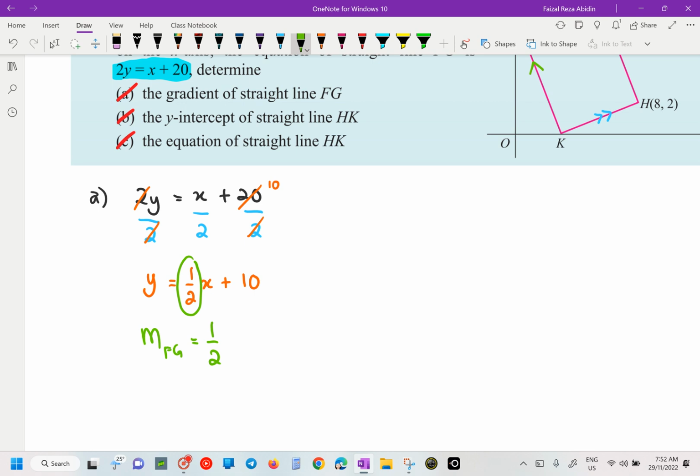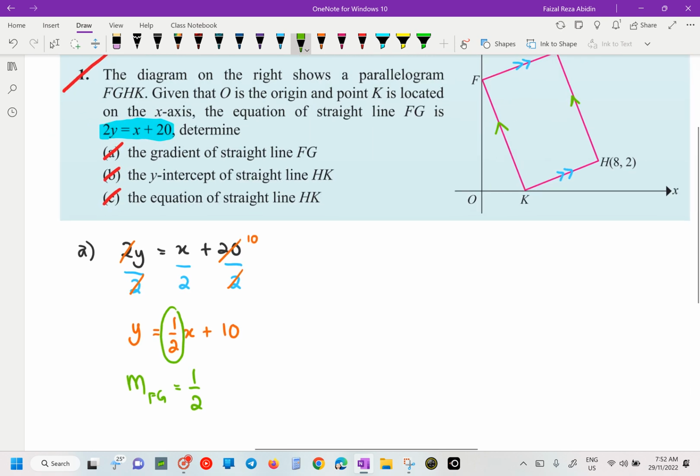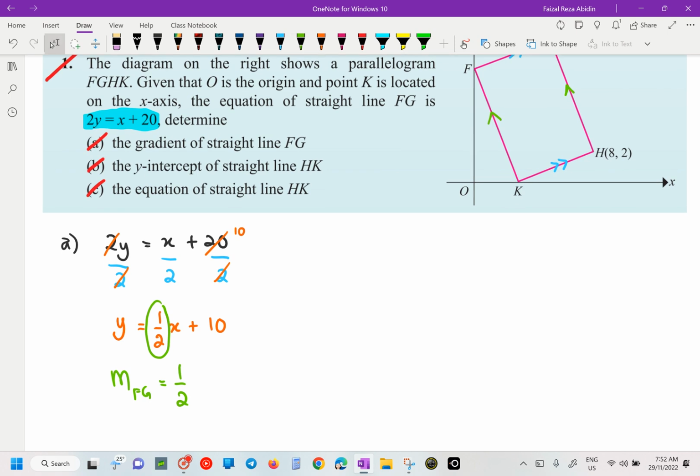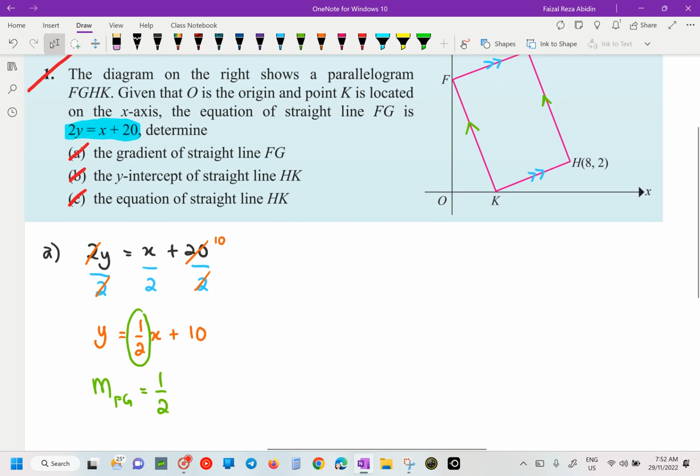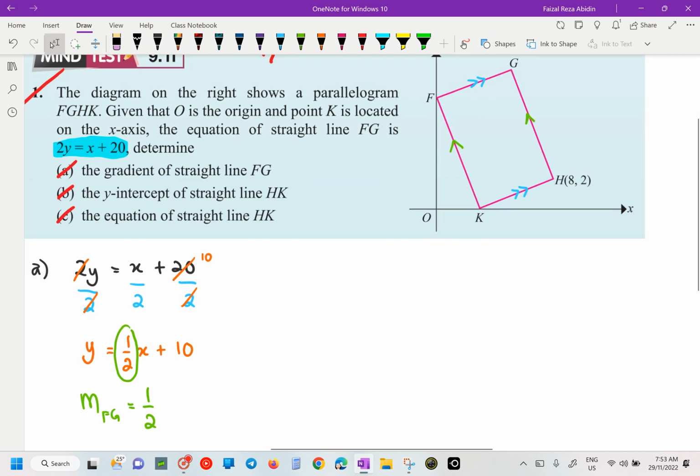Okay, next for our B. Determine the y-intercept of the straight line HK. What's that? Okay, so what do we know for our straight line HK?